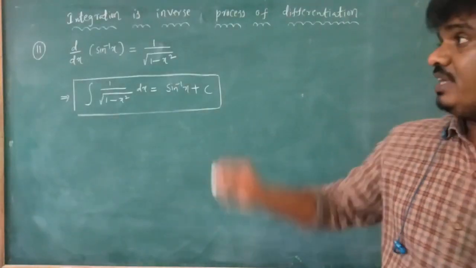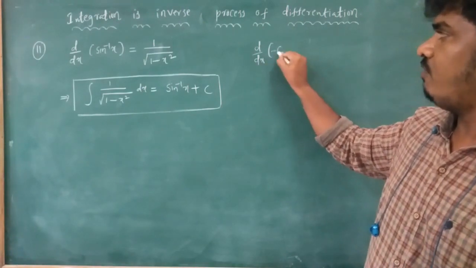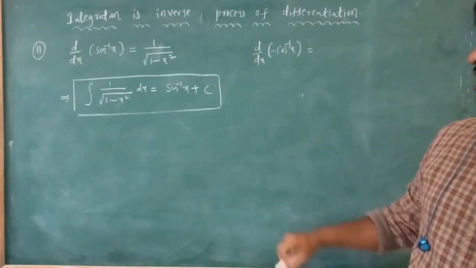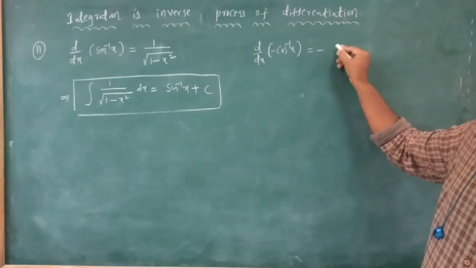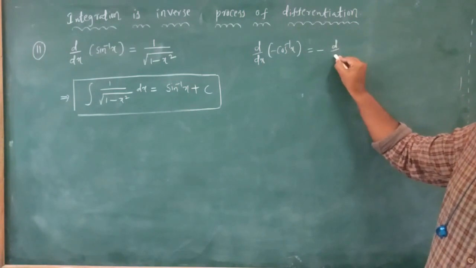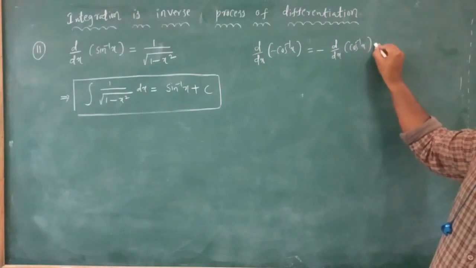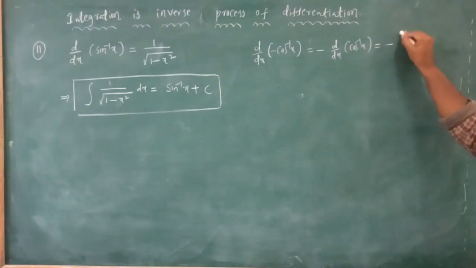Next, what is the derivative of minus cos inverse x with respect to x? Here minus we can take outside, minus of dy dx of cos inverse x. Minus of, what is the derivative of cos inverse x?